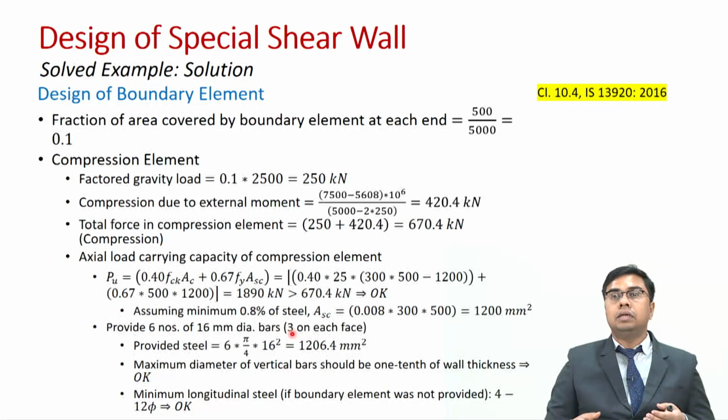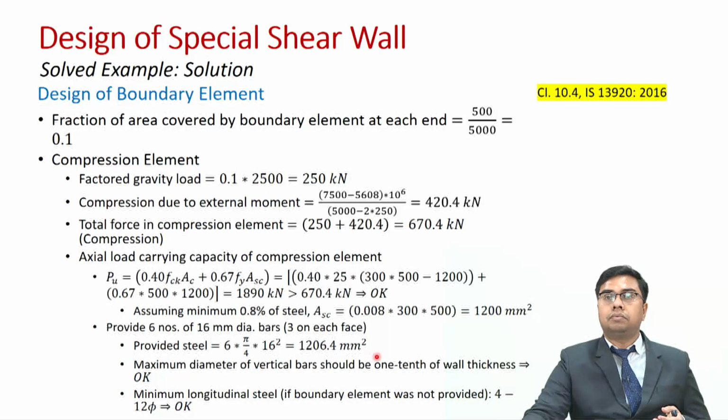You could have provided maybe 6 numbers of 20 mm dia bars or 8 numbers of 16 mm bars. I have made it very economical, so I have just provided 6 numbers of 16 mm dia bars. Now let us check whether this provided steel satisfies our ductile detailing requirements or not.